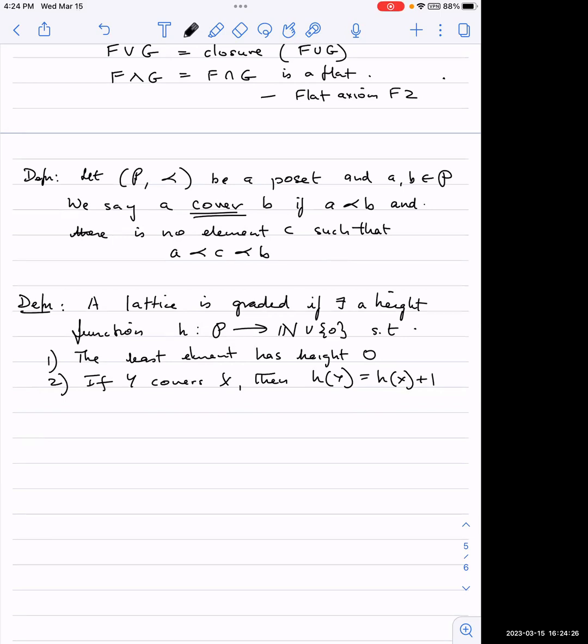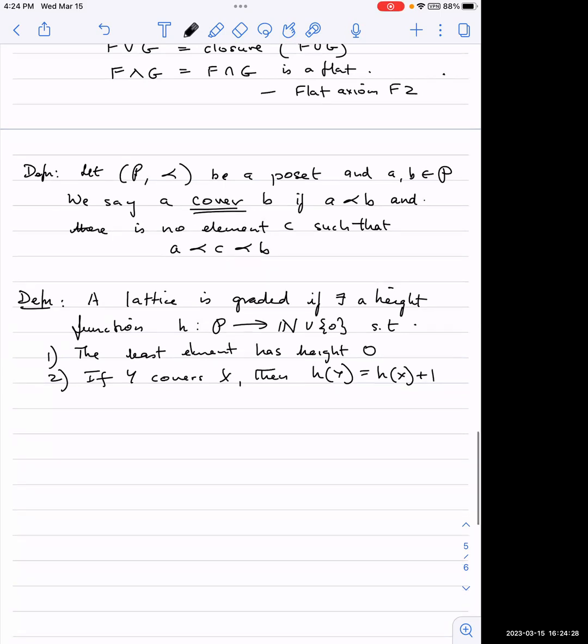So we're going to show that our example of interest, LM, is graded, and the height function is the rank function.